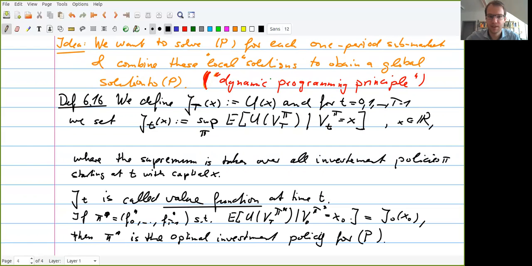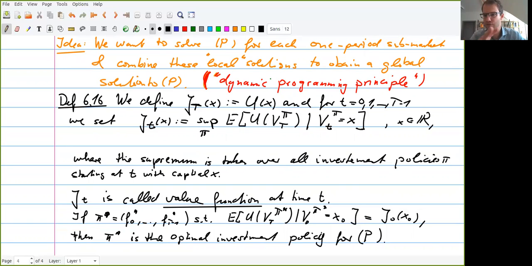Okay, let me stop here before we come to the proposition really characterizing the solution of the portfolio optimization problem P with this dynamic programming idea.